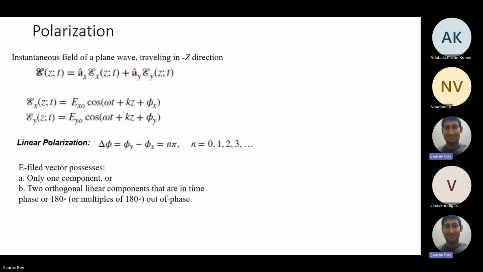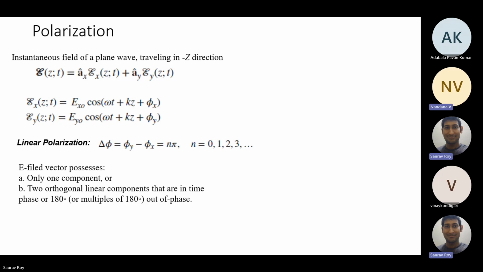What is the direction of propagation of this wave? Can you understand it from this term only, cos(omega t plus kz plus phi x)? Minus z, it's the direction minus z, right? Omega t, omega t is angular frequency.